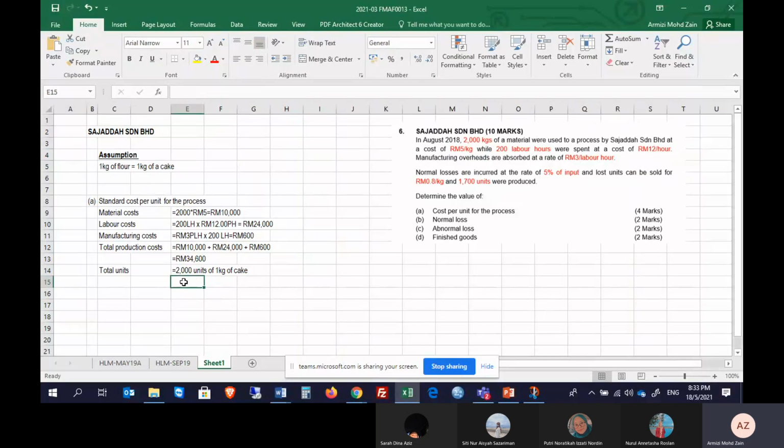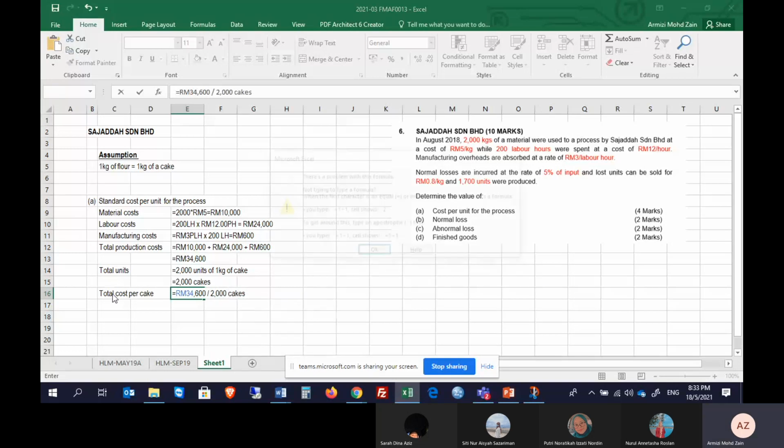So at the end of the day, total unit ialah 2,000 cake. Okay, standard dia macam itulah. Total cost per cake equal to RM34,600. It will be divided by 2,000 cake.